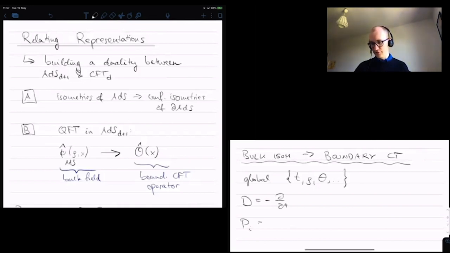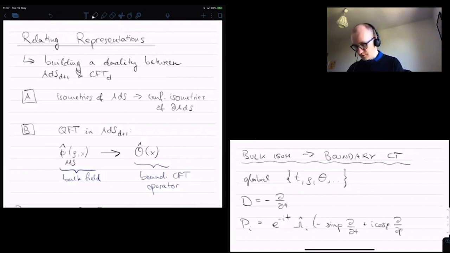And that will give you, among others, the following relationships. So the dilatation operator is d by dt. The momentum operator is omega I, minus sine rho d/dt plus I cosine rho d/d rho, plus some angular bits that I don't really care about in this derivation.